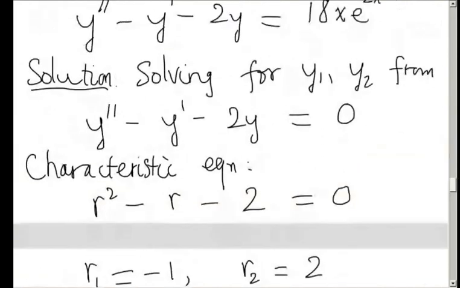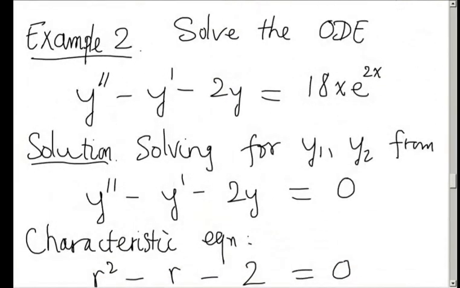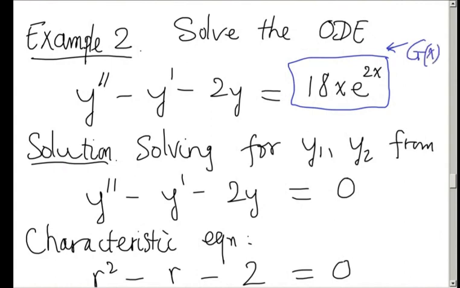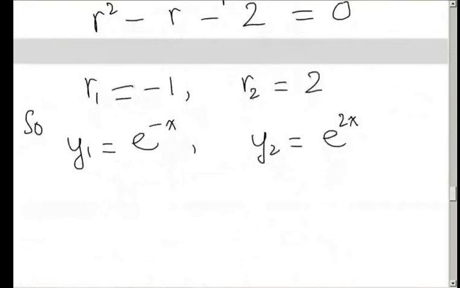Now, for this problem, our g of x is a constant times x e to the 2x, so 18 times x e to the 2x. It's actually possible to have a correct guess for capital Y and solve for capital Y. However, in this example, we'll focus on variation of parameters.